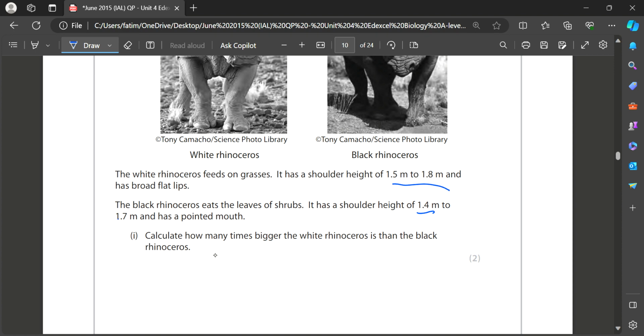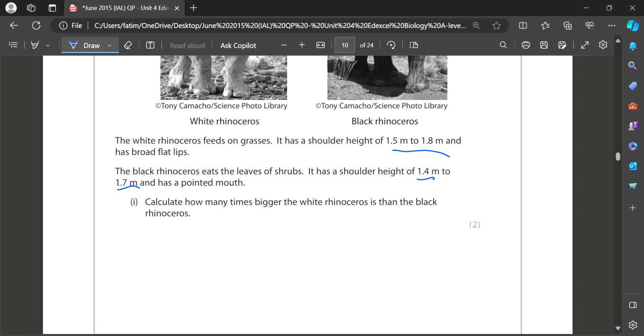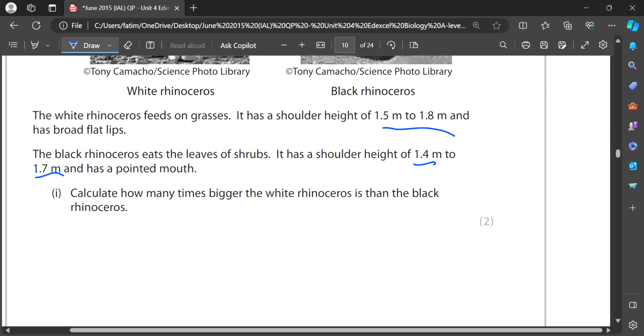Okay, so how I did it was that we have to find how many times bigger the white one is. So, excuse me, we're gonna make a ratio. So white to black. I'll write a bit more clear because I feel like people don't understand my handwriting. White to black.